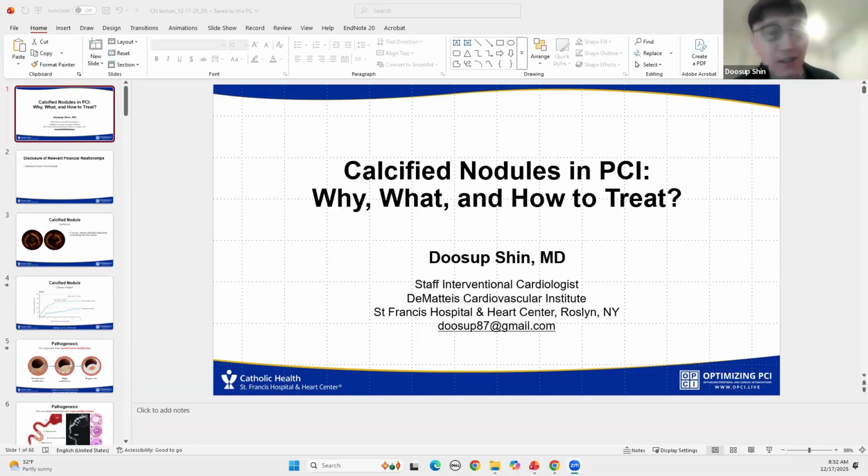I think there was some discussion about covered stents to see whether they can help prevent the material from regrowing inside. But again, that's just an anecdotal case report from Japan, where they used a covered stent in that kind of area. Sometimes we do stent ablation.